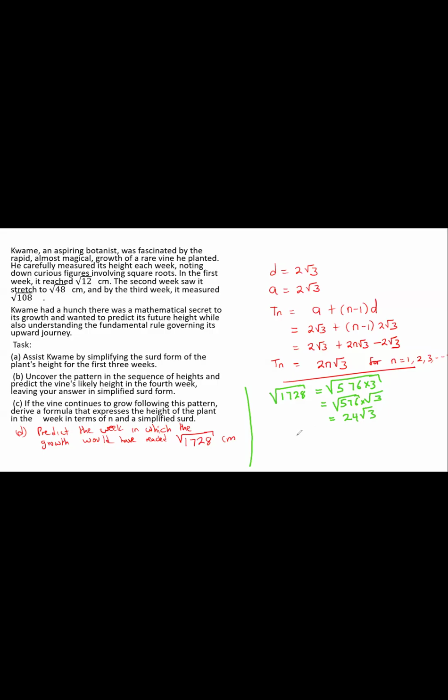Since this is the height in those n weeks, you equate this to the formula that you had found in part C. Then you divide both sides by root of 3, which gives you 2n is equal to 24.